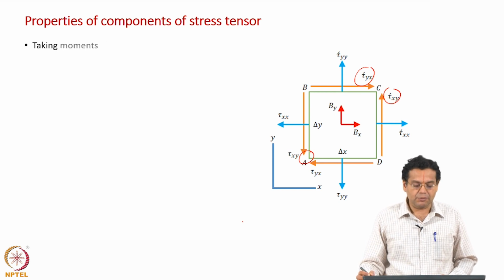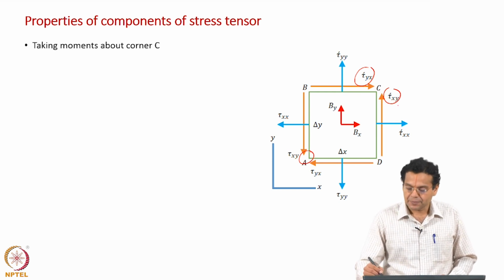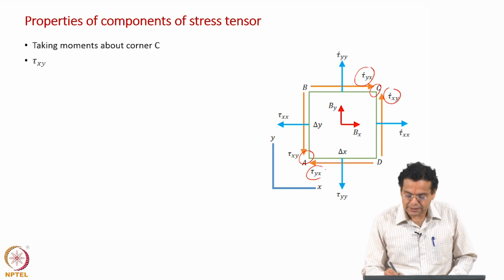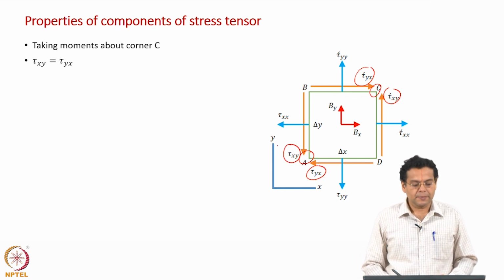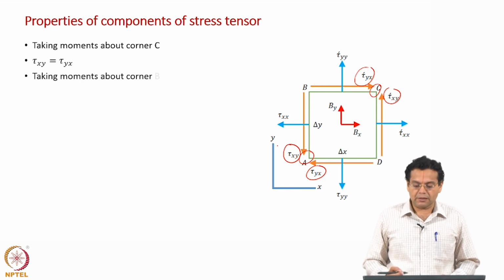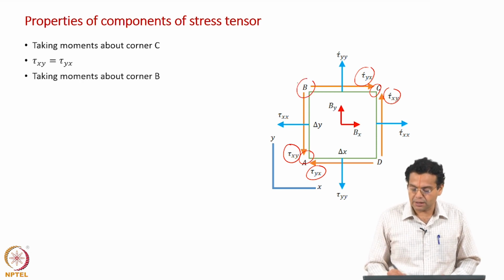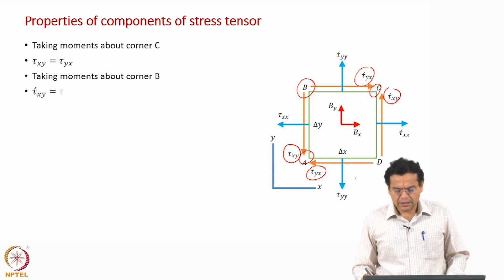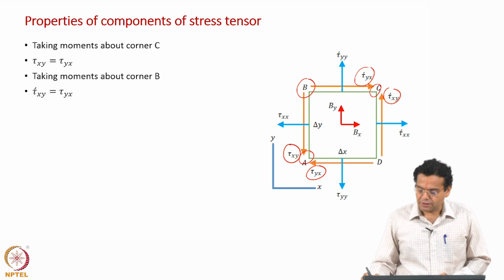So let us take moment about corner C. Obviously we will prove that tau y x equals tau x y. Okay. Now taking moments about corner B, we will prove that tau dash x y equals tau y x.